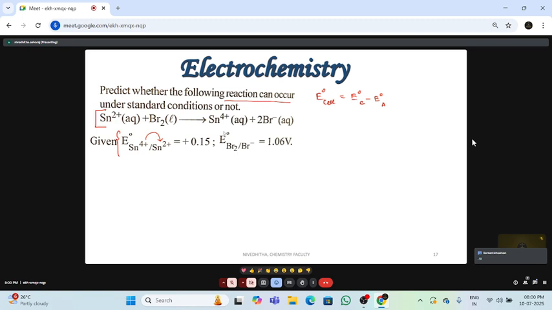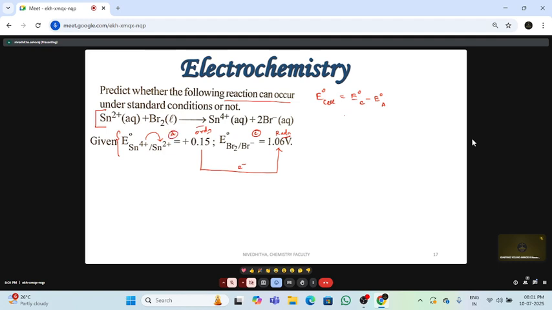Which one is a smaller value, Kanna? 0.15, right? So electron will be, yes, 0.15. So electron will be moving from 0.15 to 1.06. So bromine will be gaining electrons. So this is reduction. So it is considered to be cathode. So tin is getting oxidized. So this is anode.